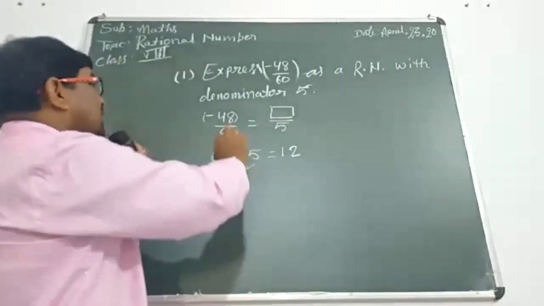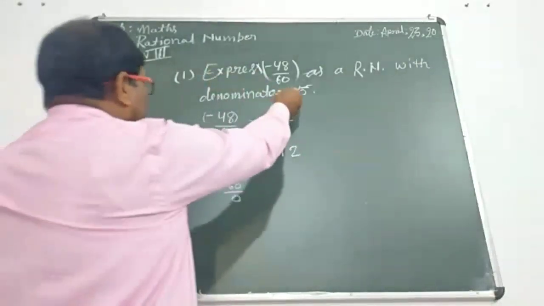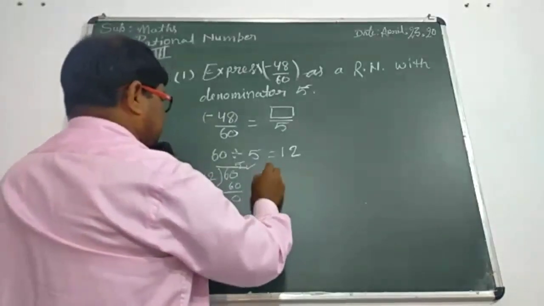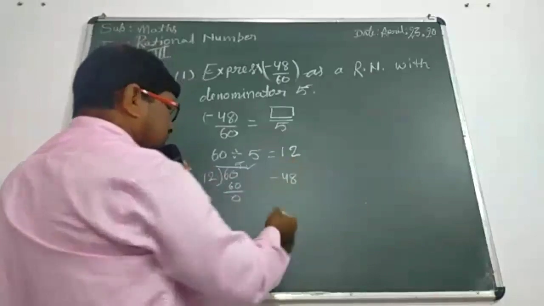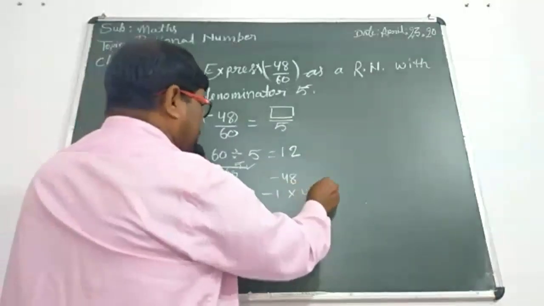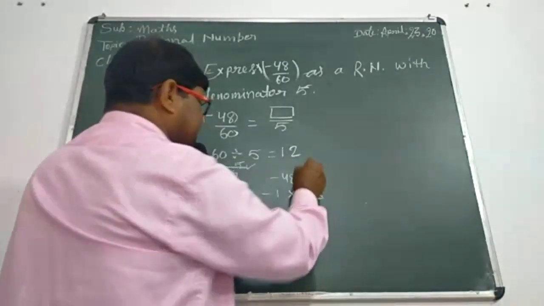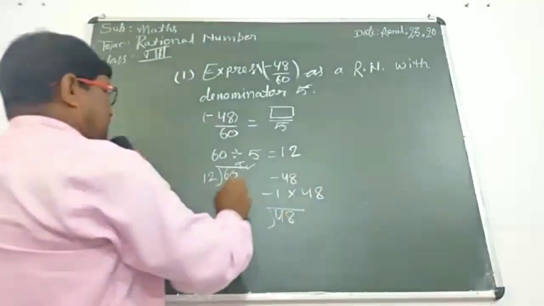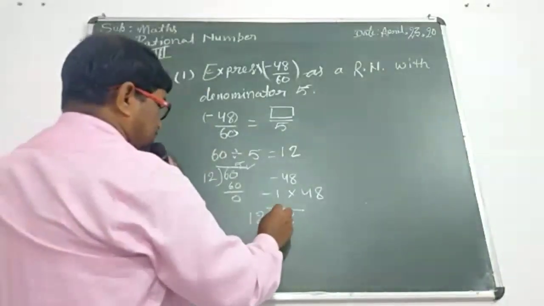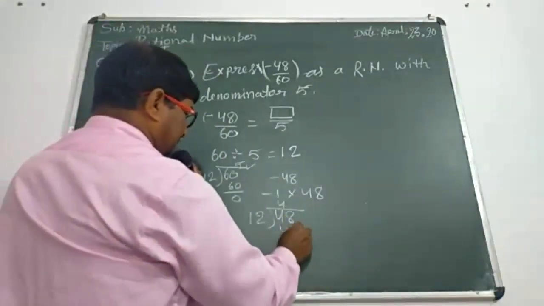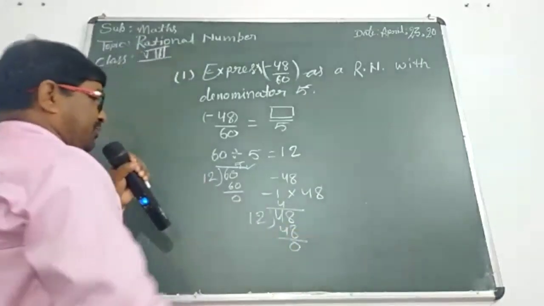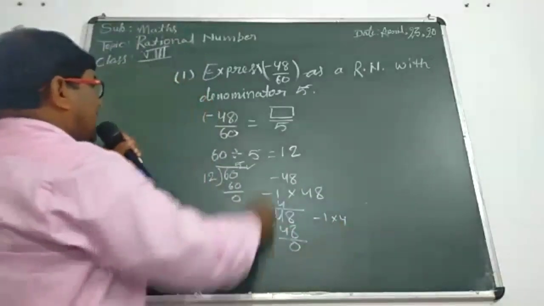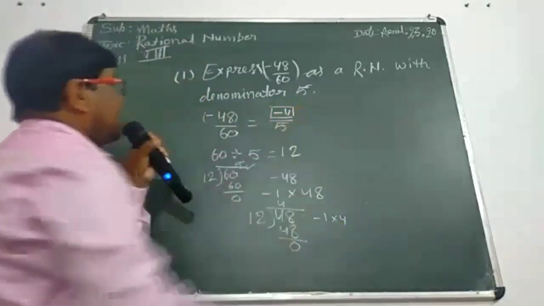In this way, you can get the numerator. Minus 48 means minus 1 multiplied by 48. Now, 48 divided by 12: 12 fours are 48, remainder 0. So this number is 4. Minus 1 multiplied by 4 equals minus 4. You can write here minus 4.